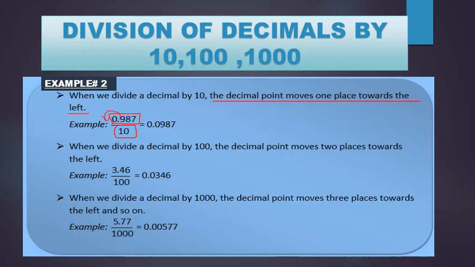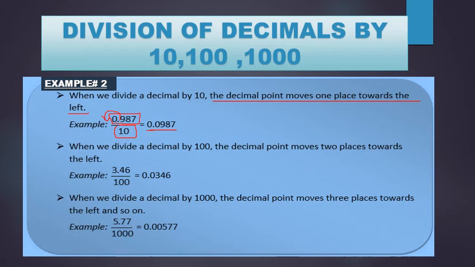As there are no digits to the left of the decimal point, we put 0 as a placeholder. So the answer we have is 0.0987.